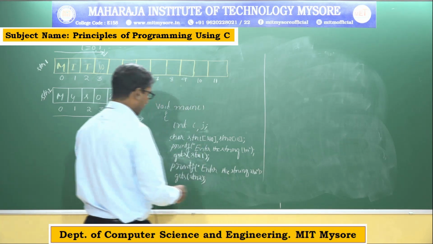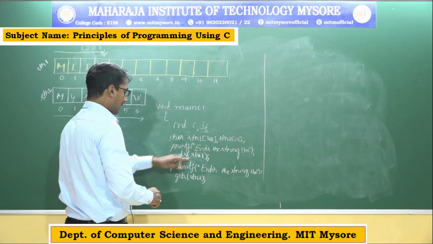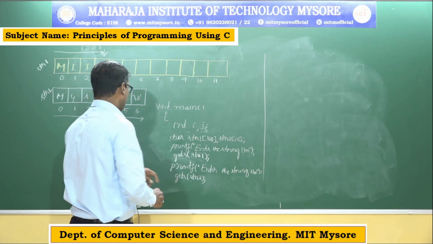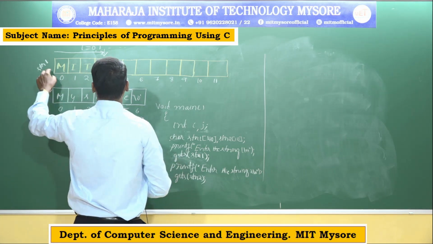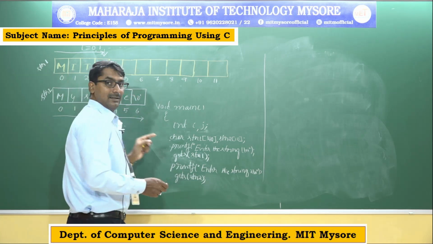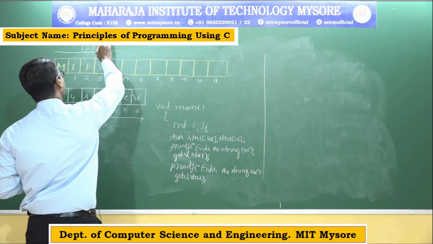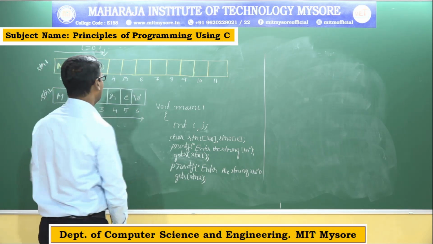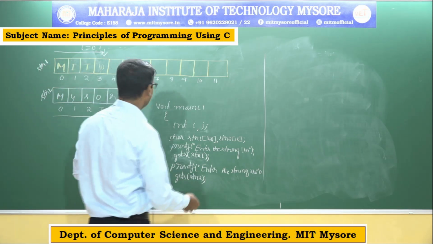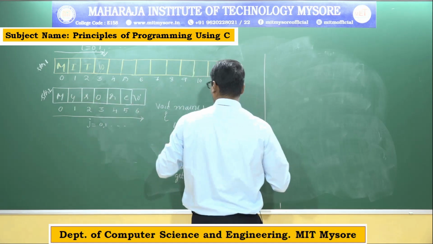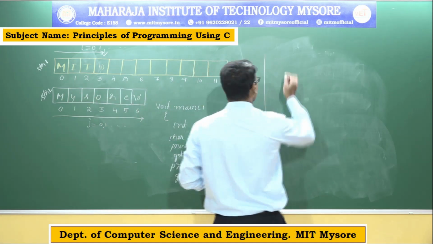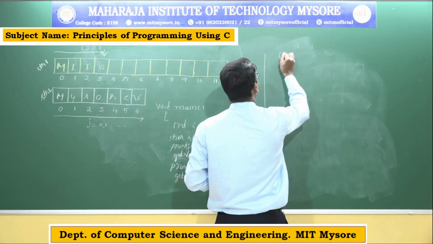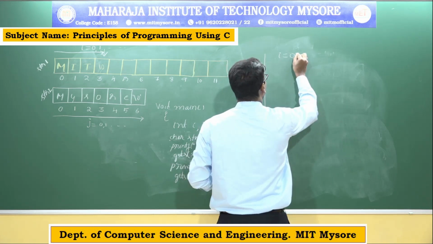So, now I have read two strings, str1 and str2. Next, in order to append the content, we need to check the null location of the first string. So, before checking the null location, we need to set the index value, that is i is equal to 0.